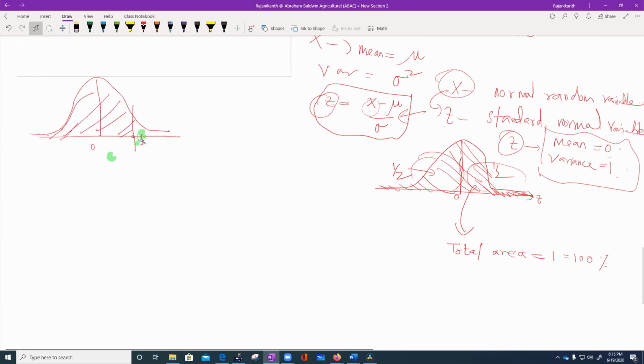This point, 2, right? So if you look at this value 2 in your table, then you will find the inside value as your left area. So the left area of the z value, which is 2, is given by simply looking at the z value for 2.